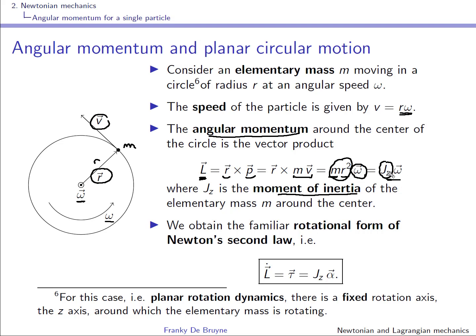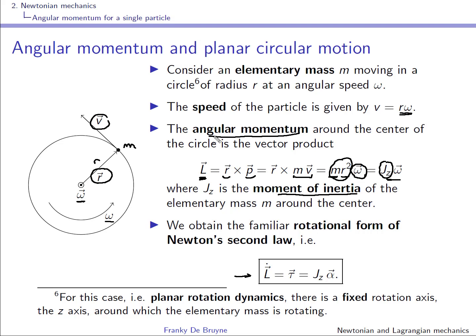And so you have Jz times the angular velocity vector. So if you take the derivative, you obtain the very familiar rotational form of Newton's second law.